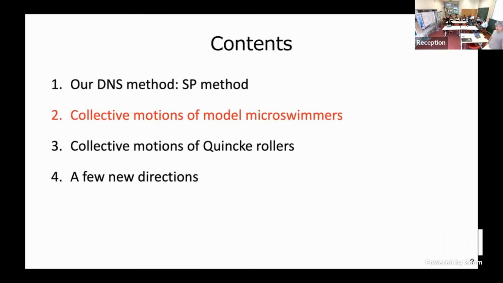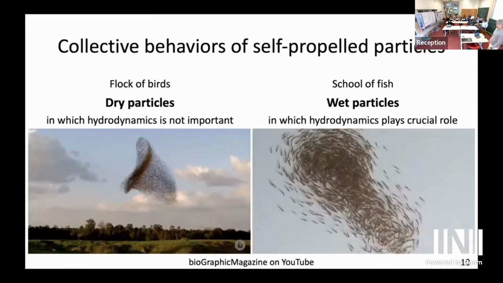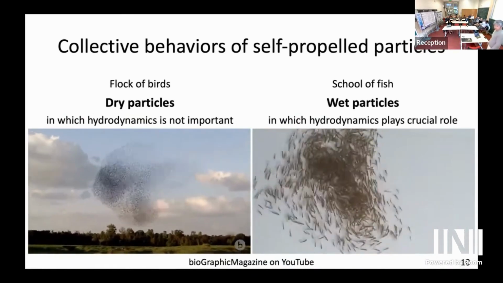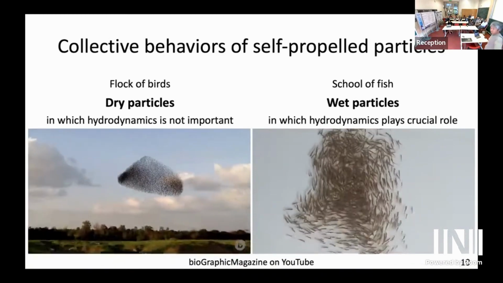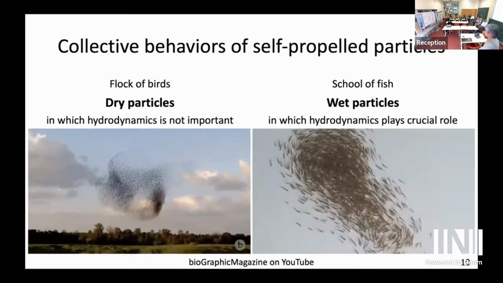Then I will show you some results using this method. The first one is about the collective motions of model microsystems. You can imagine that typical collective motion takes place for a flock of birds here, or a school of fish here.